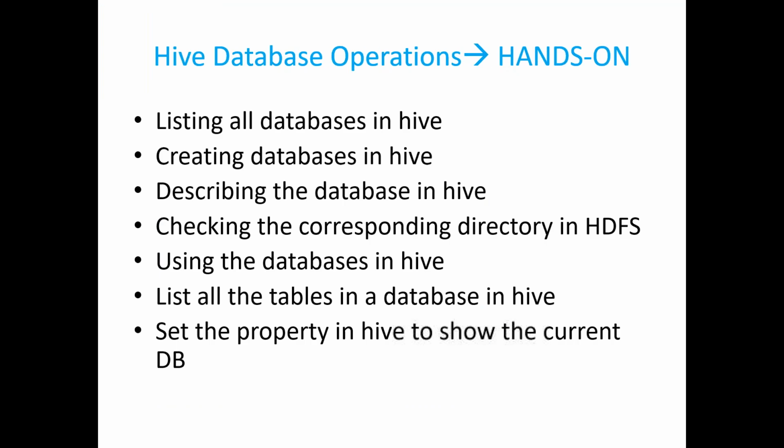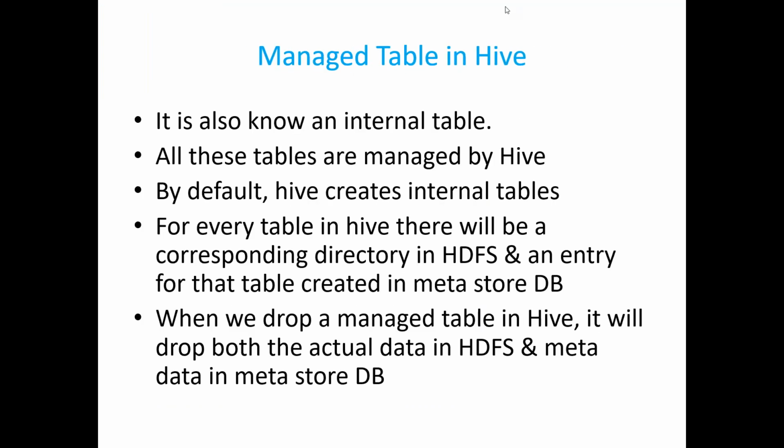Remember that point. This is very important. Whenever you drop a managed table in Hive, two things will happen: it will drop both the actual data in HDFS and the metadata in the metastore DB.